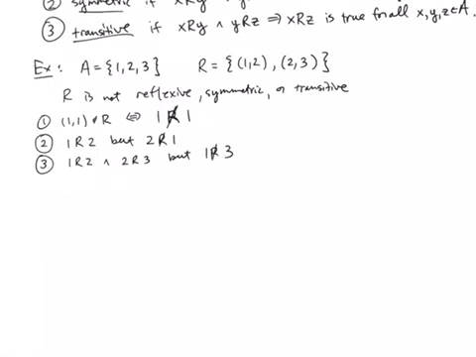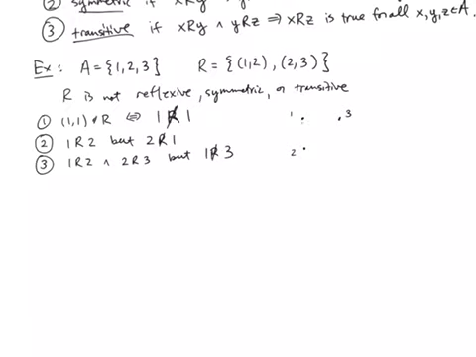So this might be a convenient place to introduce pictures. Sometimes when you have small sets and small relation sets, it's easy to draw a picture that summarizes the relation. In this case, our set has 3 elements. For every ordered pair in our relation, we just draw an arrow from the first one in the pair to the second one.